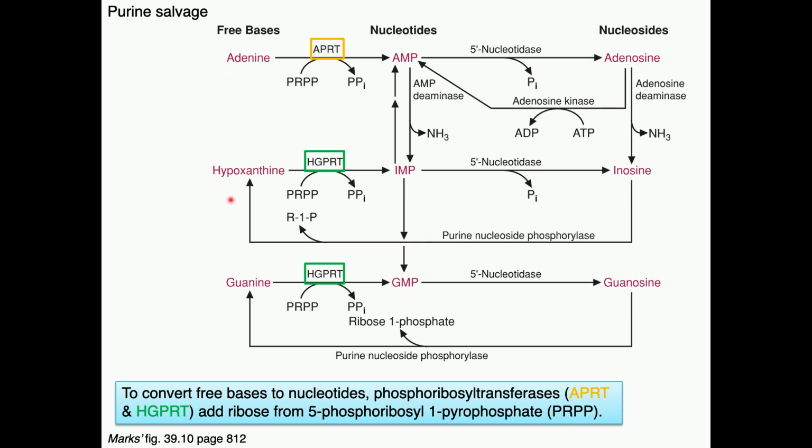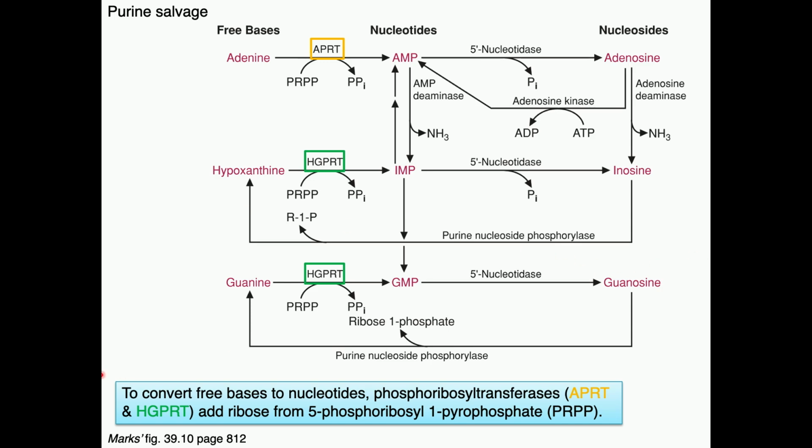So where would we get these free bases? This could come from base excision repair, which is going to release free bases. So that would be an example of where we might come by these free bases.